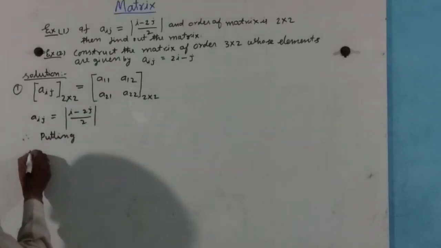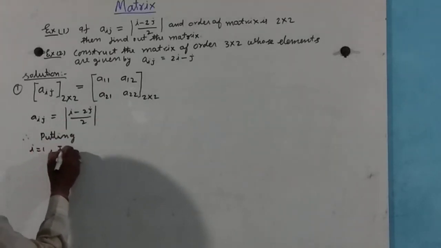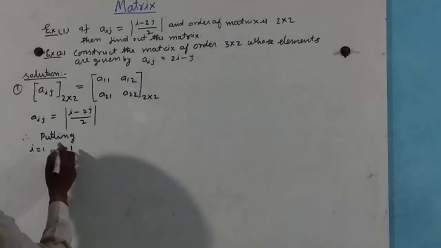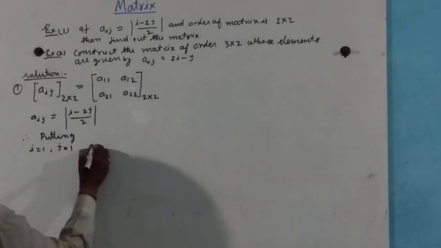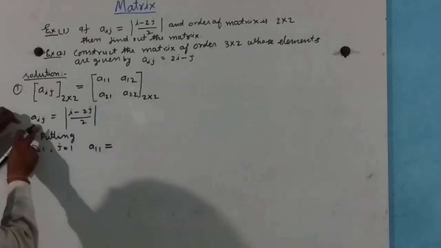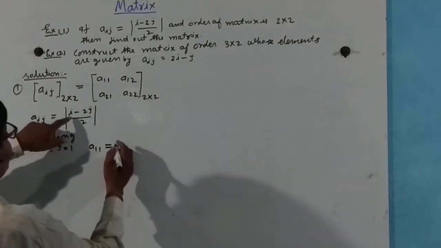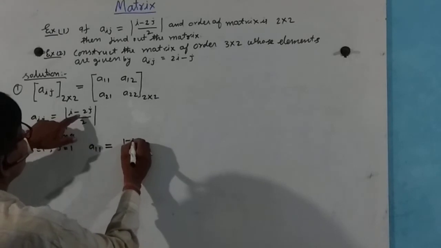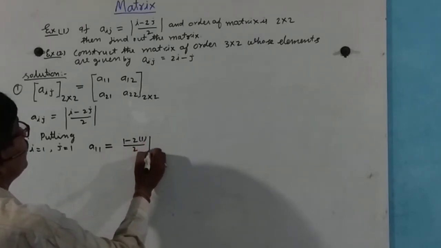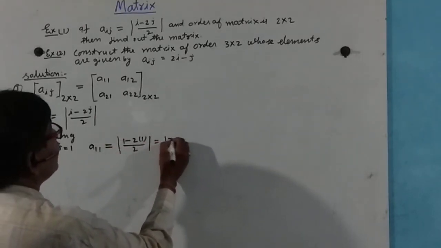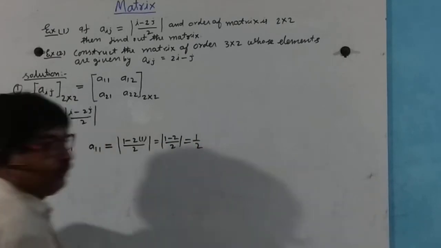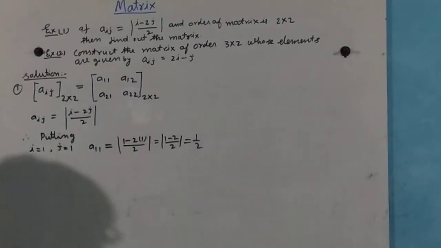Putting i equal to 1 and j equal to 1: A11 equals mod of (1 minus 2 into 1) by 2, which is 1 minus 2 by 2, so minus 1 by 2, that is also half. So it is equal to half.